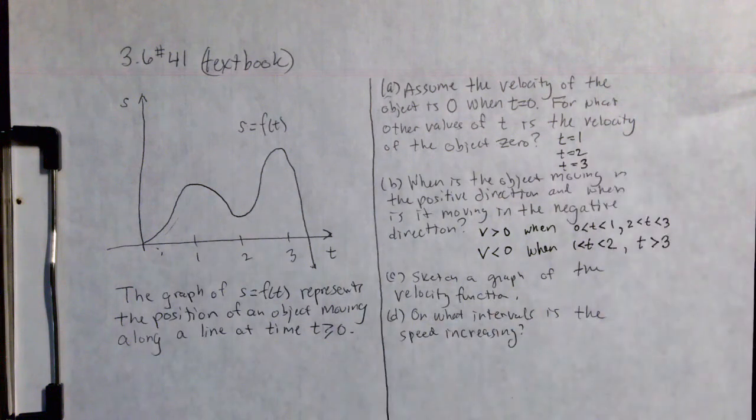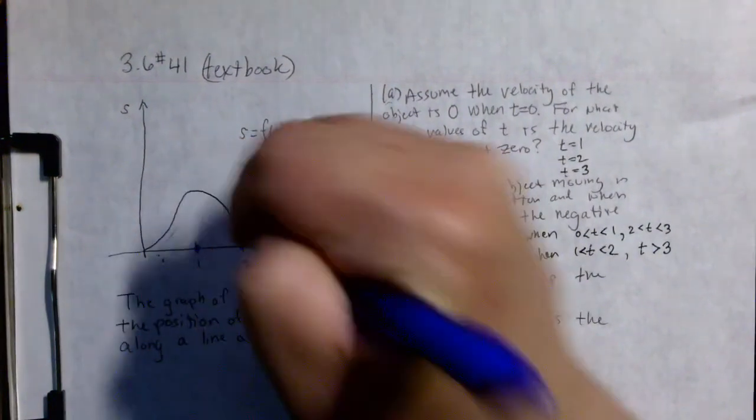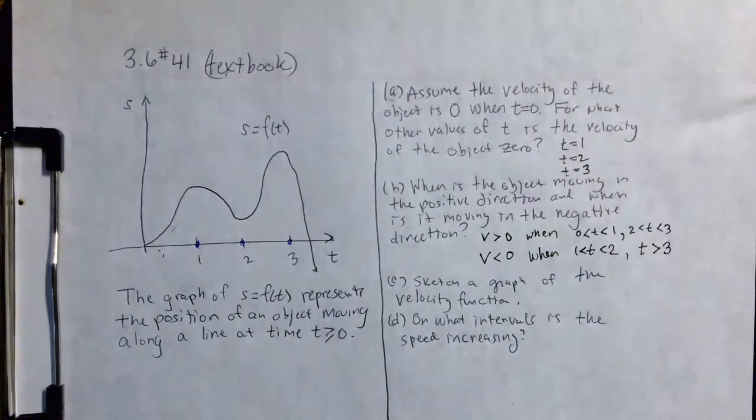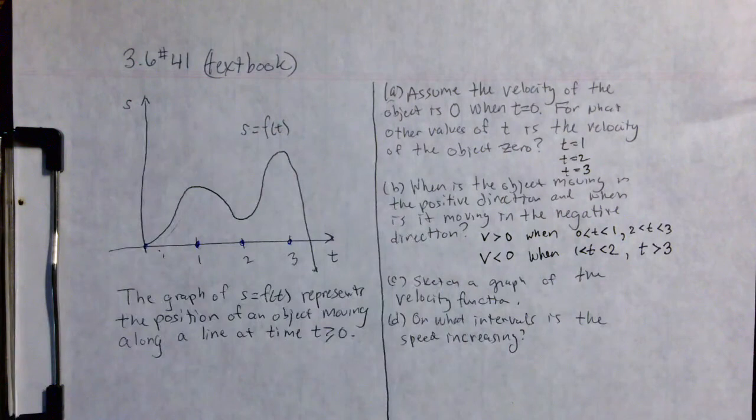Exactly what we talked about in part A: first think about where the derivative is going to be 0. And we said that that's at 1, 2, and 3. So I'll plot those zeros on the graph. We also were told to assume that it's 0 at 0.